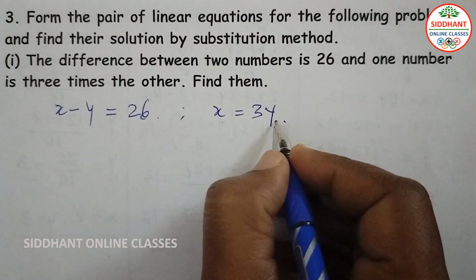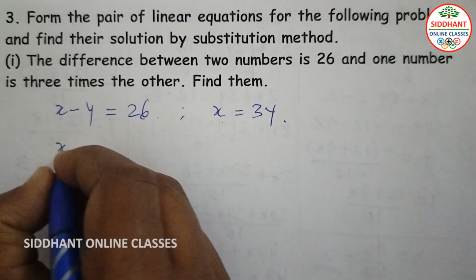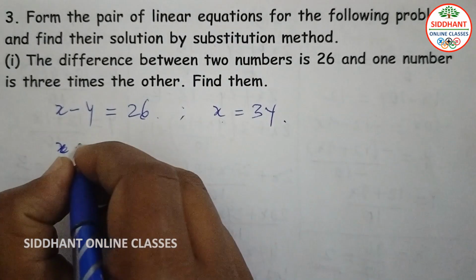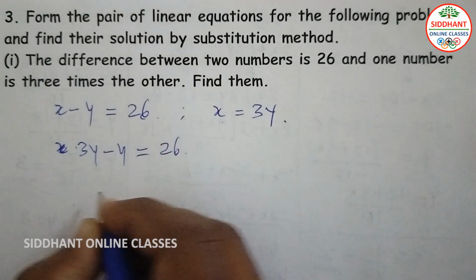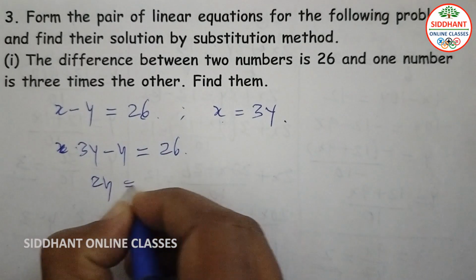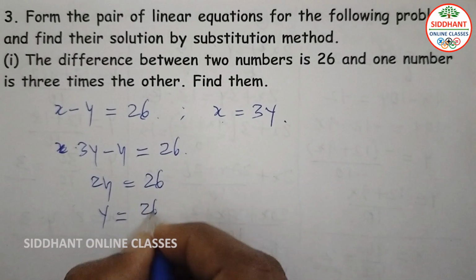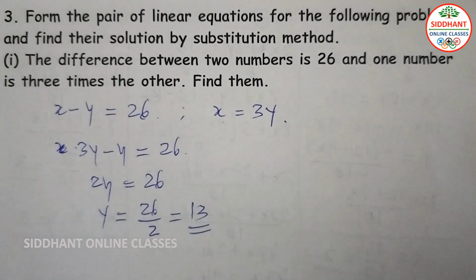So one number is x, the other number means 3 times, that will be 3y here. So we know x is equal to 3y and we are going to substitute in this equation. So here x is 3y, that means 3y minus y equal to 26 here. That means 2y equal to 26 and y equal to 26 by 2, that equal to 13 here.